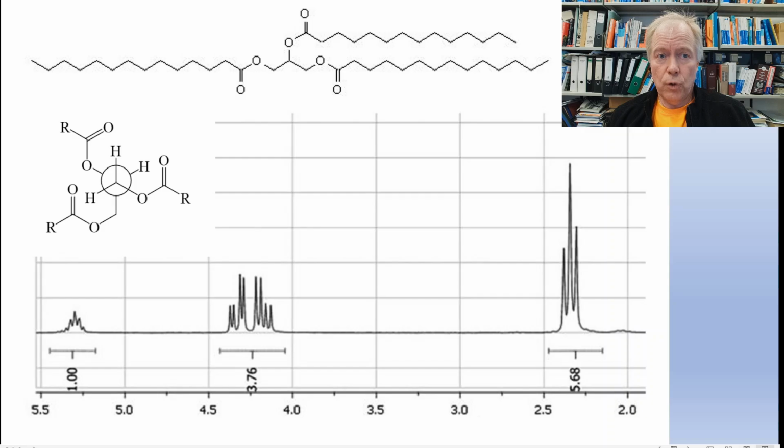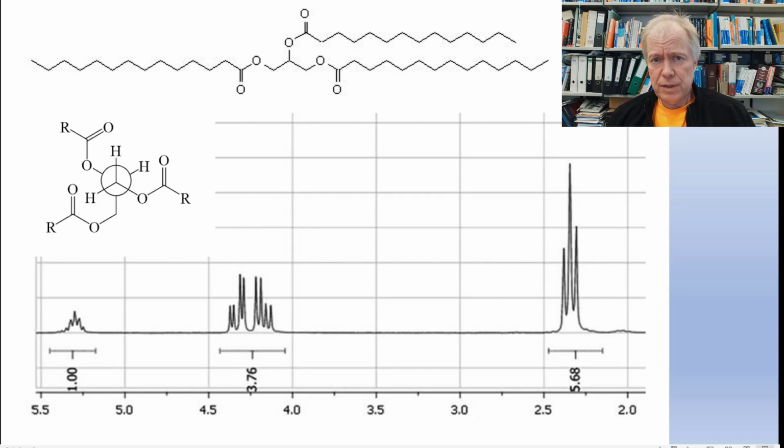and we will also notice then the geminal coupling constant. Some of you might remember these diastereotopic protons; you usually have them if you have somewhere a chiral center in the molecule.